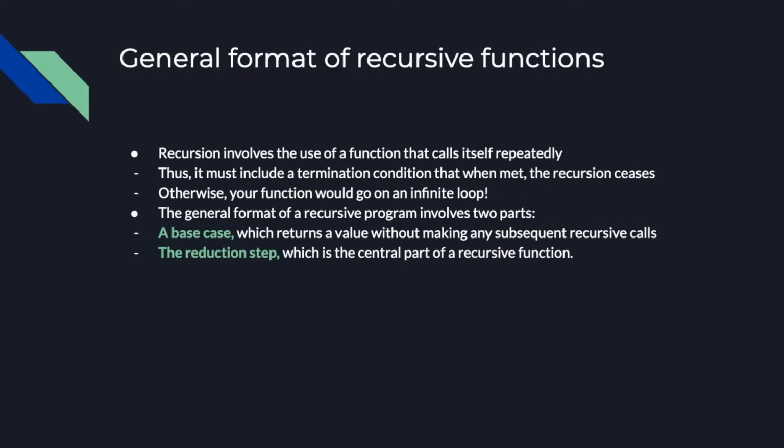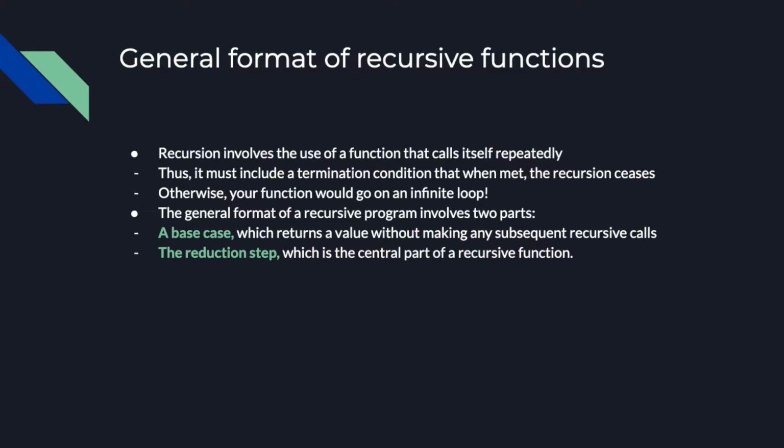Just to outline what a recursive function usually looks like: recursion involves the use of a function that calls itself repeatedly. It has to involve some termination condition that, when it's met, the recursion ceases. Otherwise, your function would go into an infinite loop calling itself over and over again.